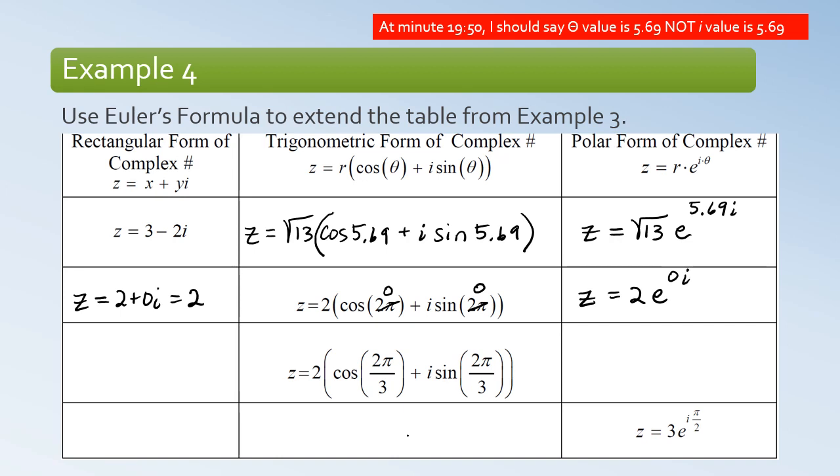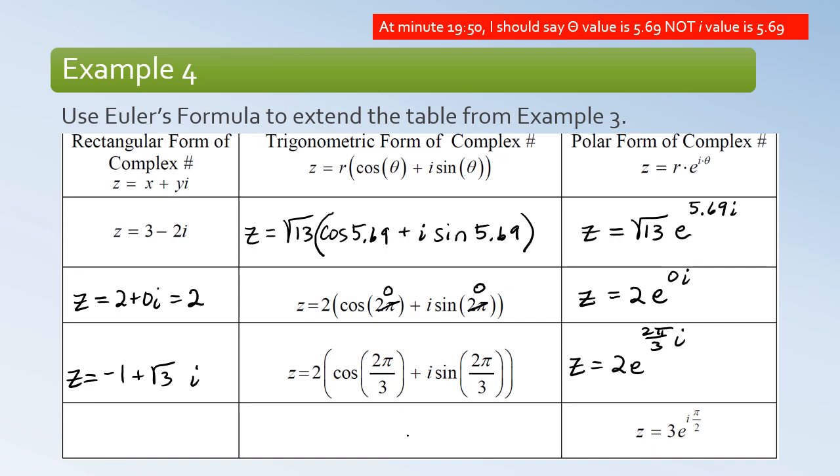For the third row, I came up with z equals -1 plus the square root of 3i. And in polar form, I'm going to have that radius of 2 times e to the 2 pi over 3 i.